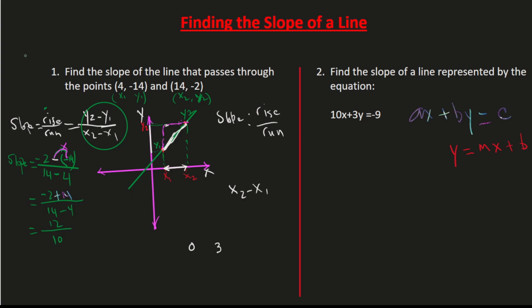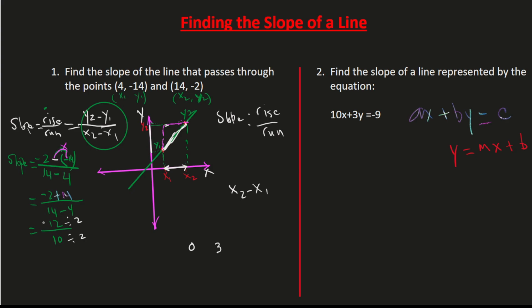However, we need to simplify this fraction. Let's go for the GCF. The GCF of 12 and 10 is 2. So you divide 12 by 2, you divide 10 by 2 as well.